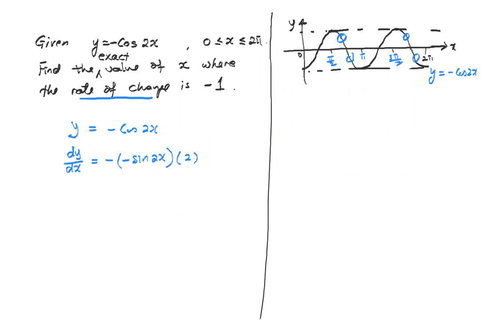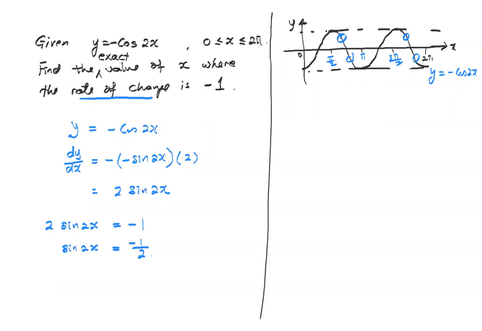So this one is 2 sin 2x. I want the gradient to be -1, so 2 sin 2x equals -1. Therefore, sin 2x equals -half.